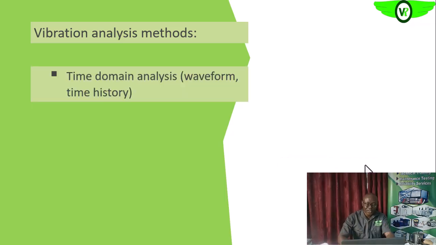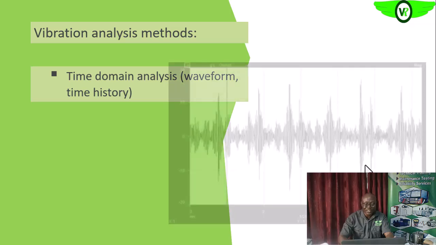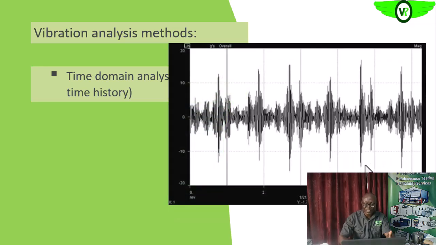So we've talked about time domain analysis, which can give us just limited information, as you can see here. You see that something is happening at these intervals, so this can give us an idea. Then the overall vibration level too, you can see it here. If it is going beyond what is tolerable for that equipment, we will also see it. Are we getting it?